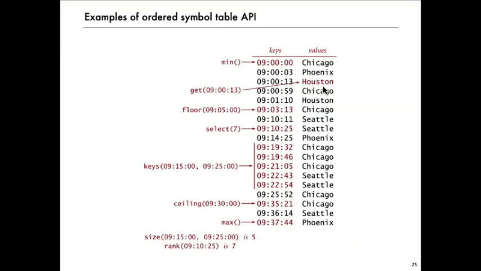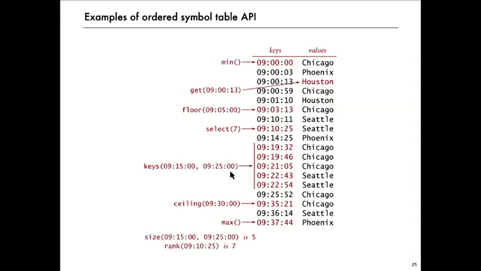And so that should return that value. But there's plenty of other things that we might want, like, for example, what's the earliest time? That's the min. Or what's the latest time? That's the max. What about being able to iterate among all the keys between two given times?